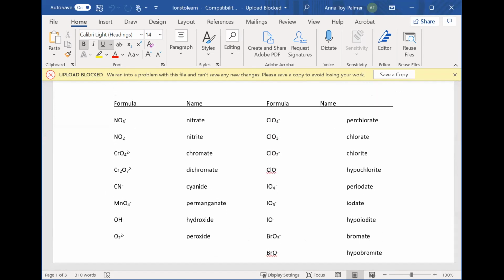So we'll start here. I wish I could just split the screen. Is there a way to split these screens so you can see both what I wrote on the whiteboard and your polyatomic table?